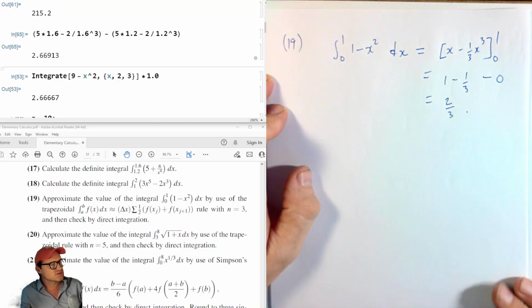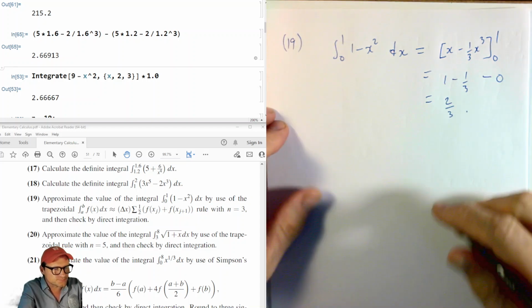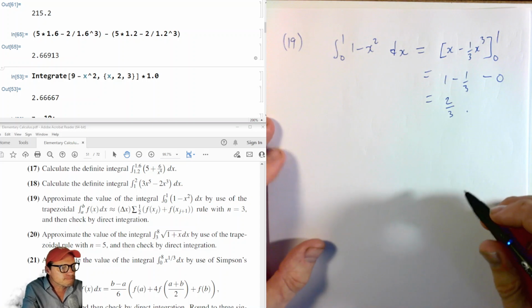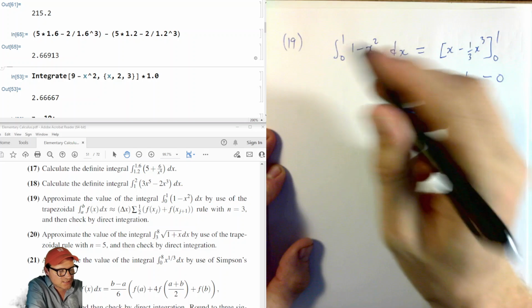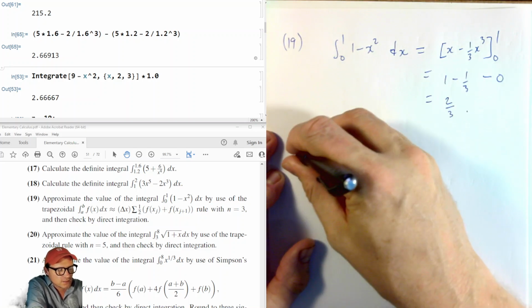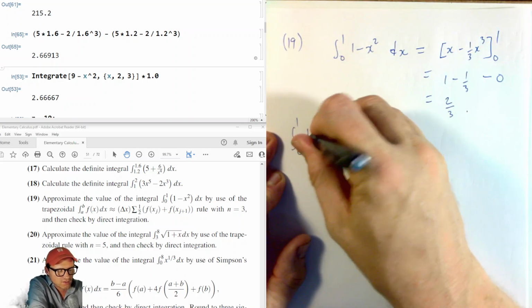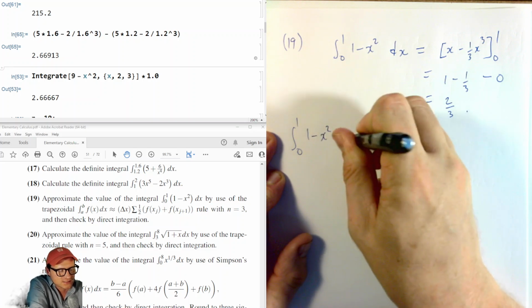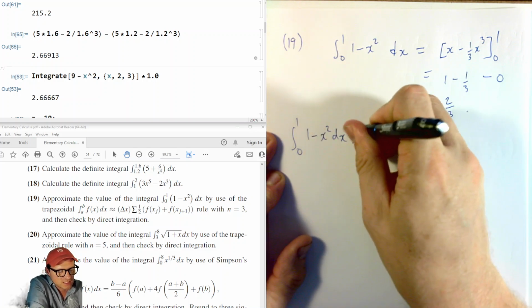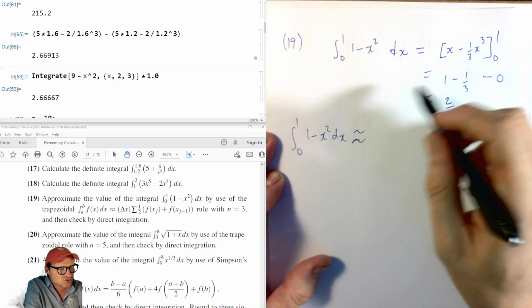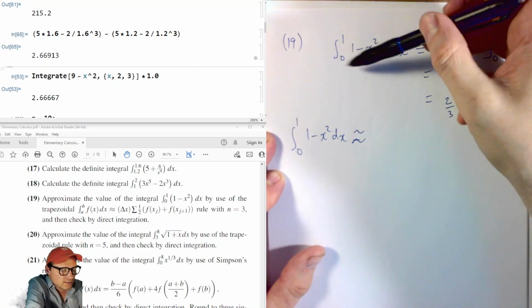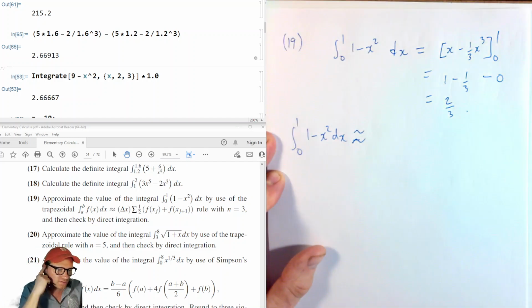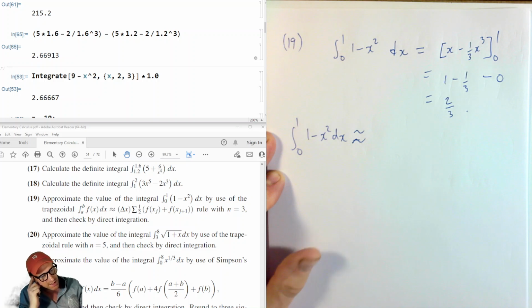All right, now to do this via the trapezoidal rule, the trapezoidal rule says that this area from 0 to 1 of 1 minus x squared dx is approximately the change in x. So if we have n equal to 3 and we have 0 to 1, so this is 1/3 is our step size, right?